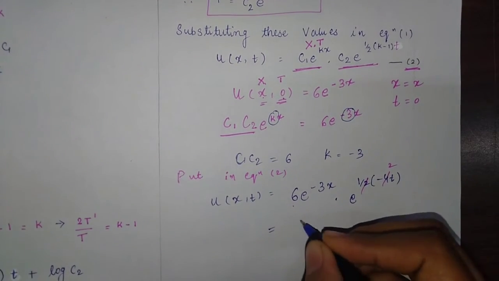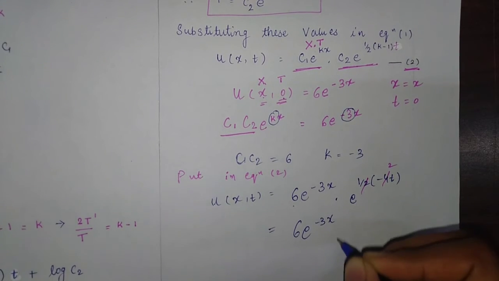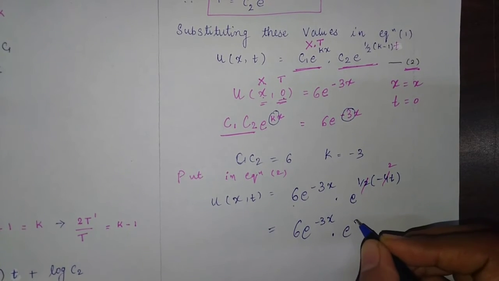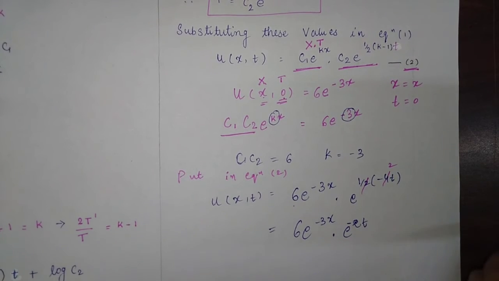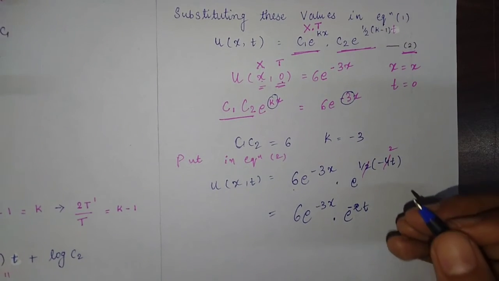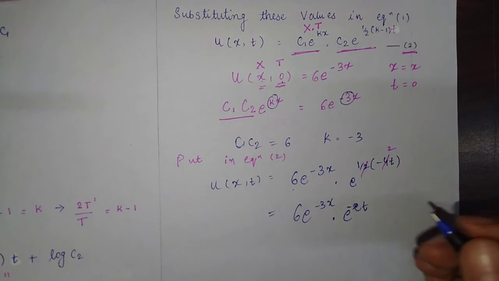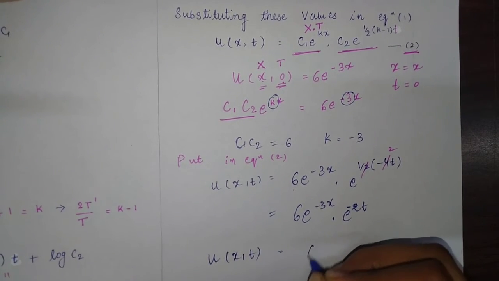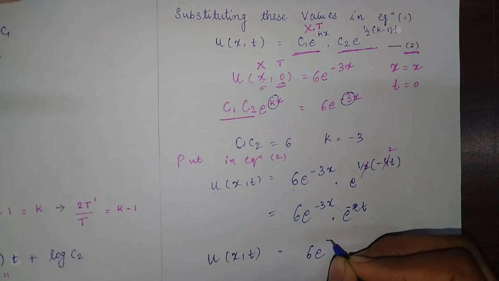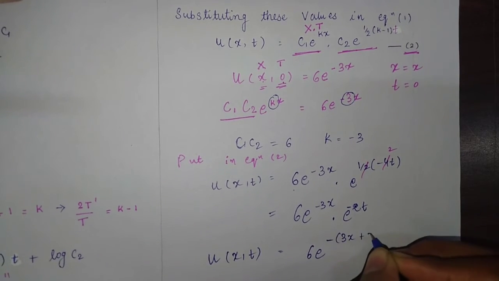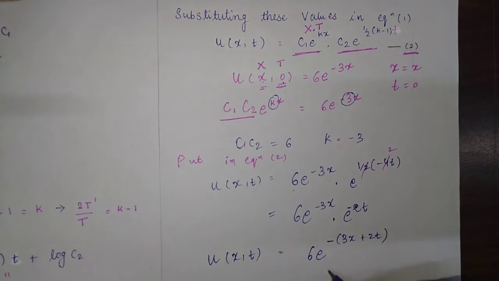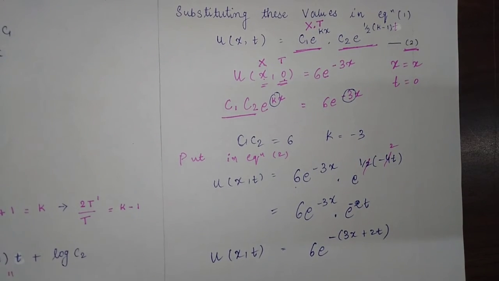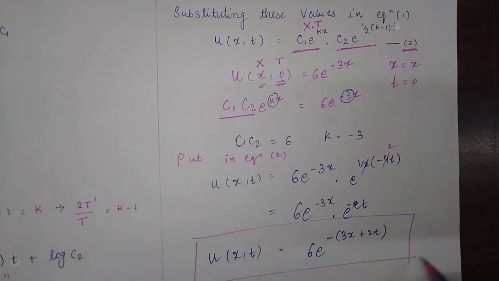So we will get 6 e raised to minus 3x into e raised to minus 2t. Okay. So the final answer will be u of x comma t equal to 6 e raised to minus 3x plus 2t, if I take the exponential terms together. So your final answer will be this.